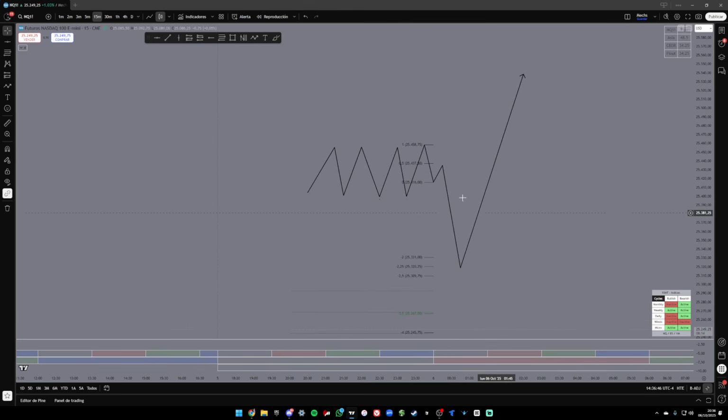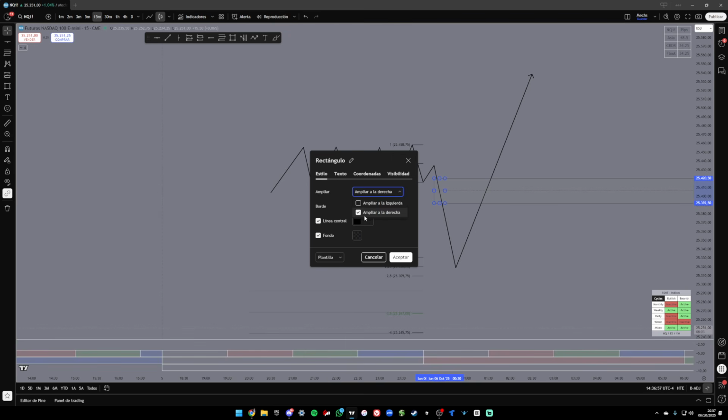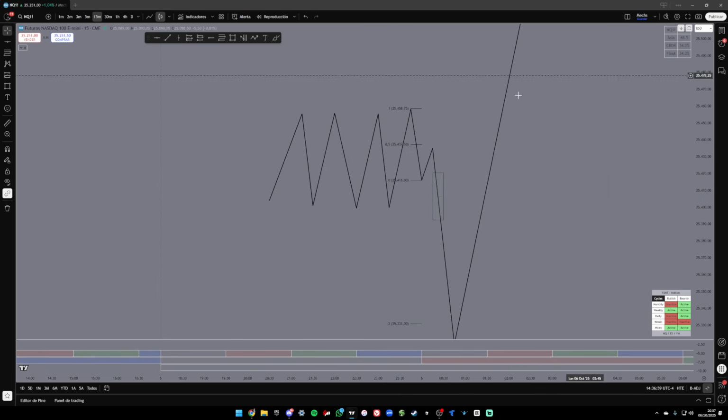Here I'm gonna show you real examples, but imagine that here on the right side we have a very bearish candle.